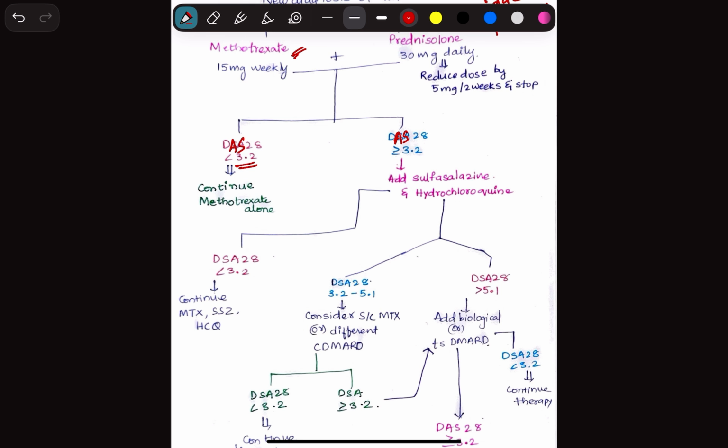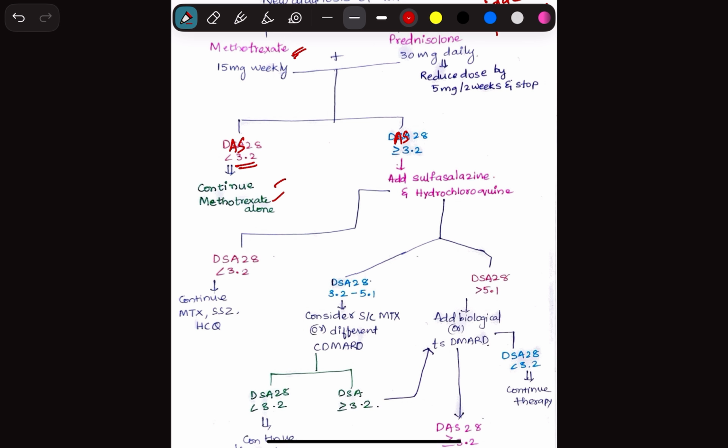So the disease activity is low, the damage that is occurring is low. That means the treatment which we are giving is right. When the disease activity score is less than 3.2, we can continue the methotrexate alone.